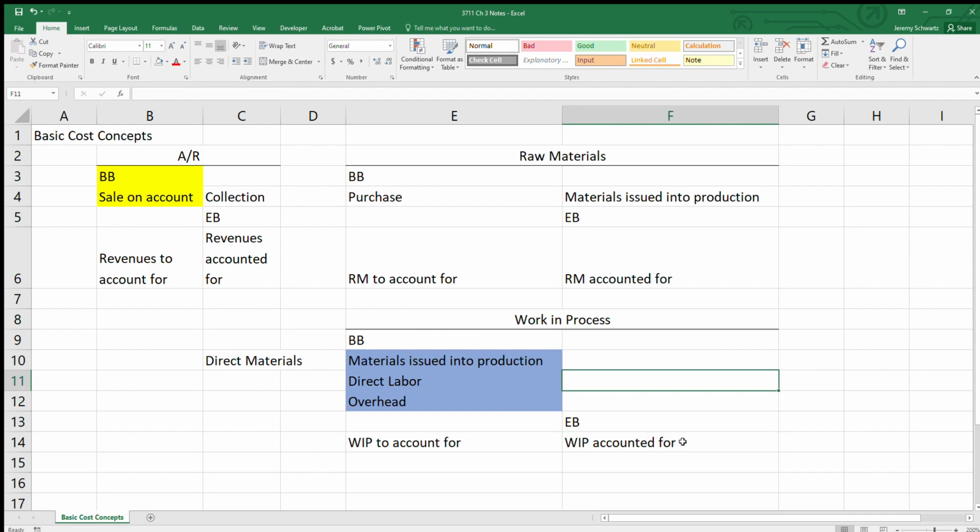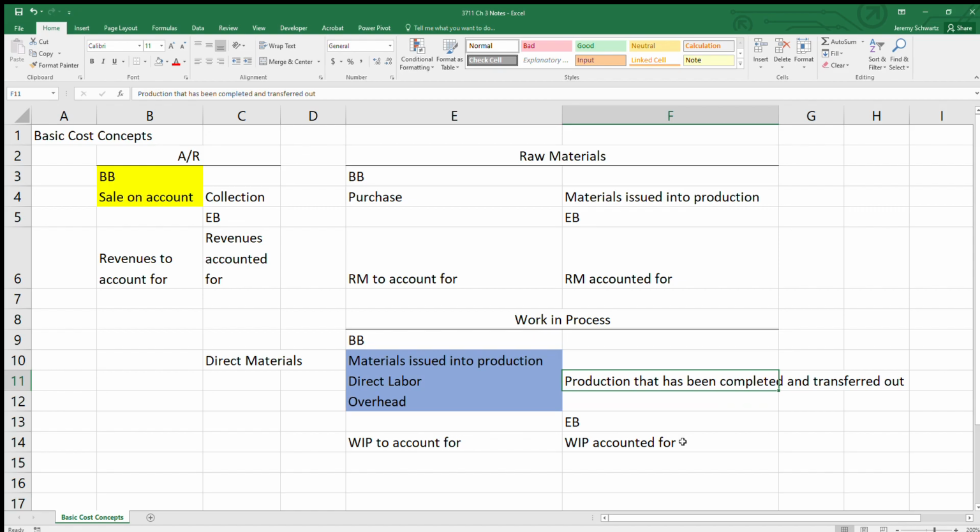What needs to go out are the costs of production that have been completed and transferred out. Now that's a mouthful.